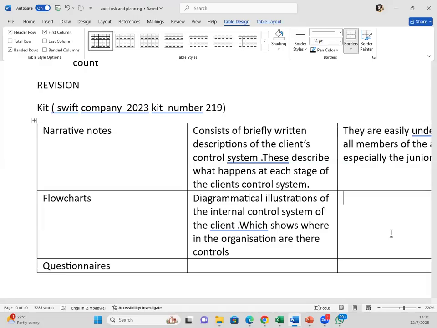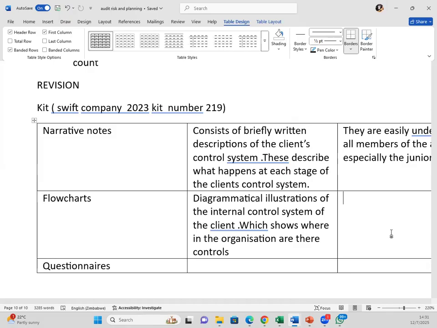Then the advantage of a flowchart diagram. Unlike notes, a flowchart diagram doesn't have a lot of information. It's just a diagram. So you can easily view the whole organization on one diagram. Unlike narrative notes, where you have to be given a lot of notes to understand where there are controls, in a flowchart diagram, you can see the whole organization on one diagram.